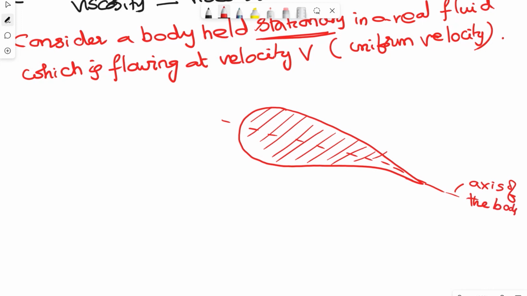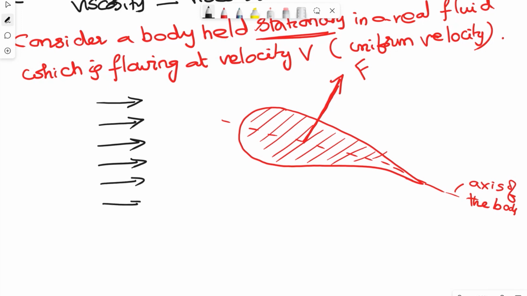Now the force will be acting perpendicular to the surface of the body, right? Now, this is basically the stream flow at the uniform velocity V. If I take the component parallel to this stream, this is what we call the drag force, and perpendicular to it, this is called the lift force.